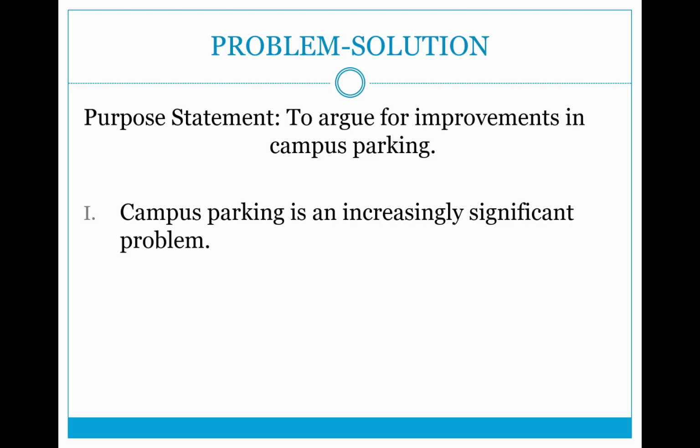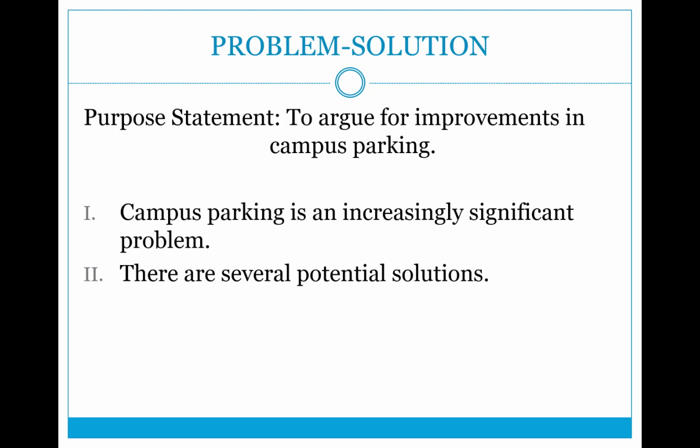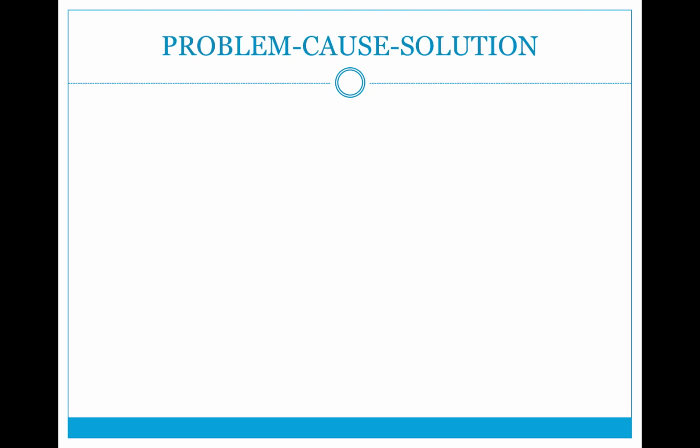So the problem is that because there's not enough space for people to park on campus, students don't have the opportunity and end up spending a lot of money trying to find parking in other areas. So what's the solution? There are several potential solutions, and then you might argue for whichever one you think might be best. So you might say one solution is to give everyone free subway cards. One is to increase the campus parking so there are more parking spaces, and maybe you have another one.